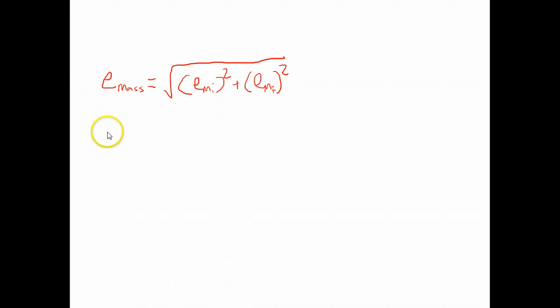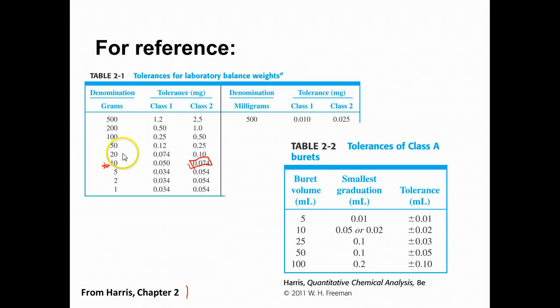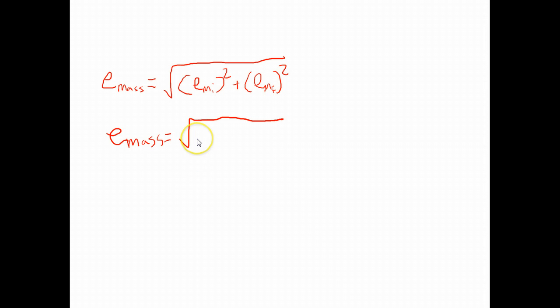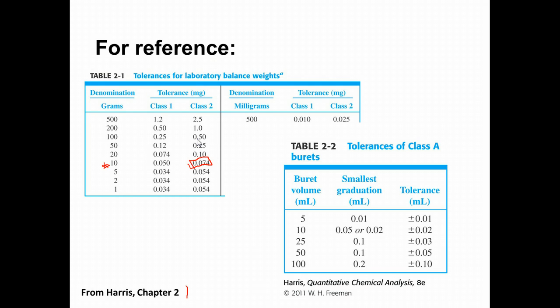If we plug in the value here, E mass equals, from our table, 0.074 for both of them. And this is in milligrams, so be careful there.